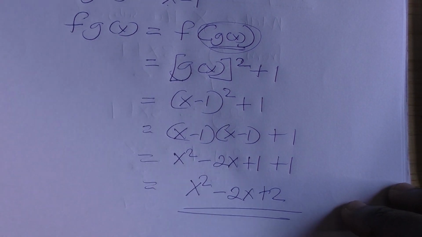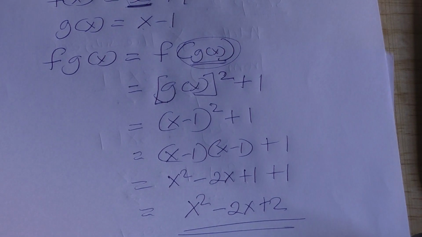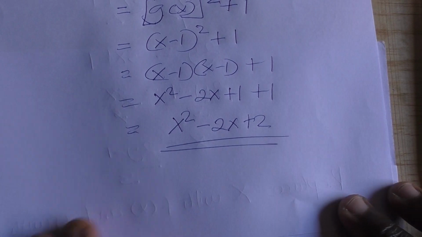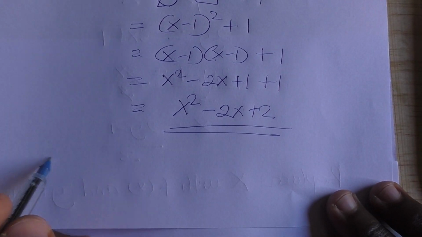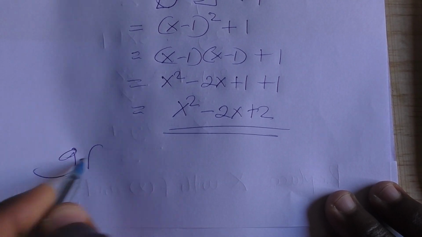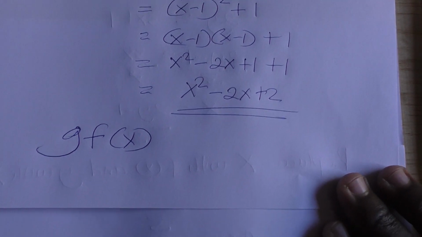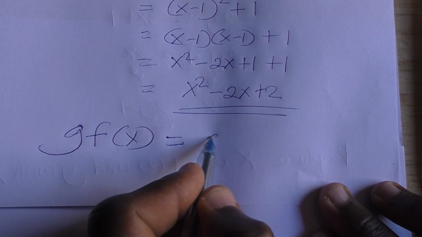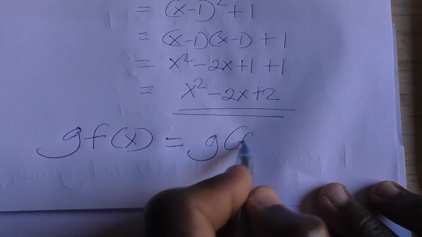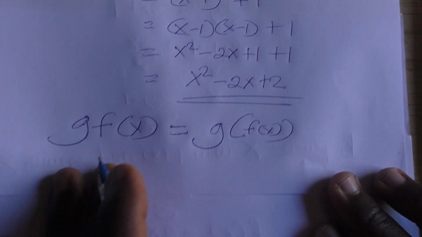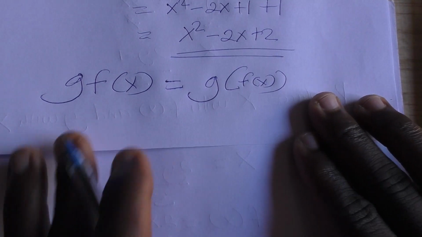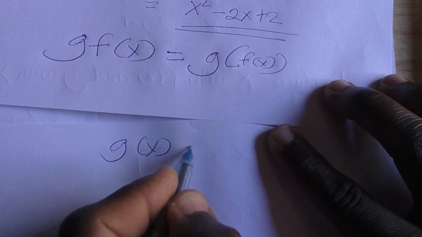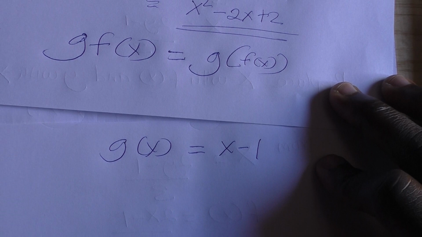We can also find gf of x. Let us try out that. Let us find gf of x. Gf of x means we shall find the g of f of x, but we know that g of x is given as x minus 1.